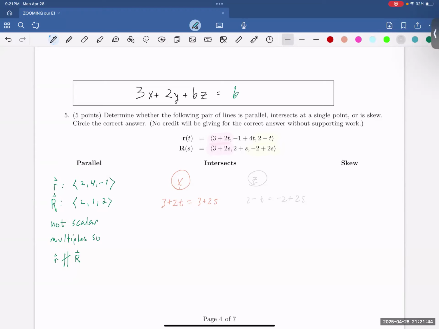So let's see. On the Z side, I want to solve for T. 2 plus 2 minus 2S is T. That's 4 minus 2S is T. Then plug that into the X piece: 3 plus 2 times T, 4 minus 2S.